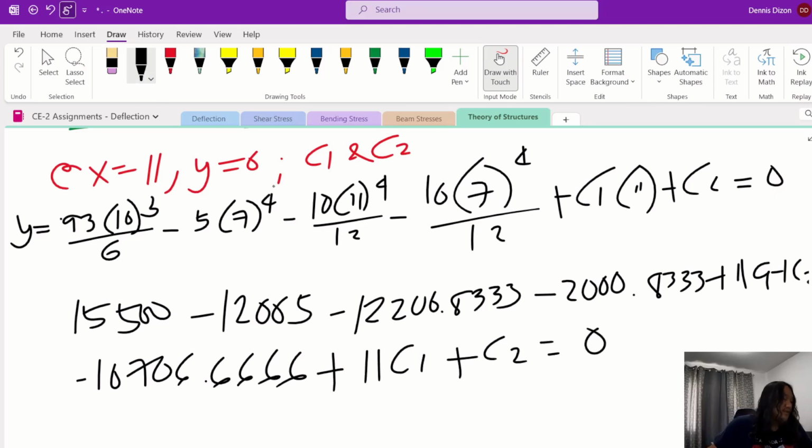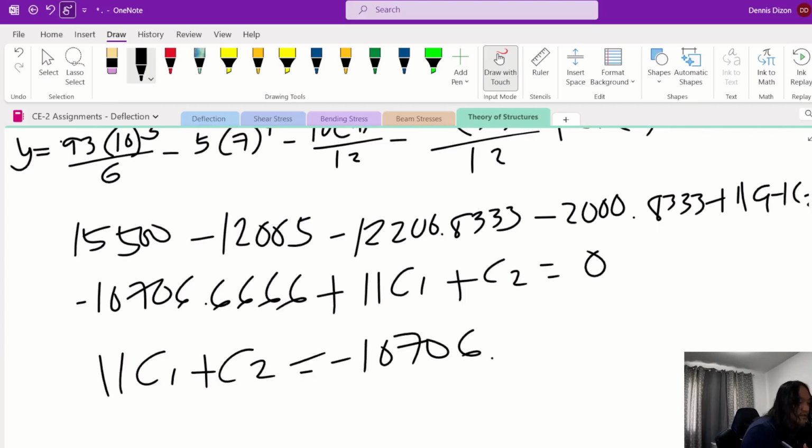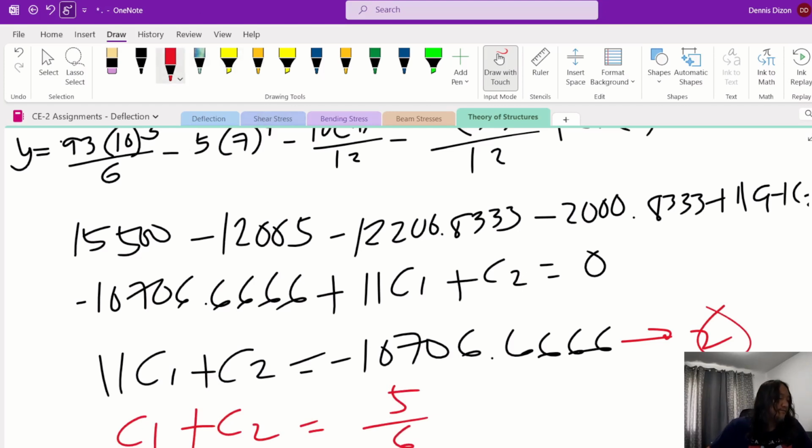Now, this is 11 C1 plus C2 is equal to minus 10,706.6666. This is our equation 2. But we have our equation 1, which is C1 plus C2 is equal to 5 over 6.